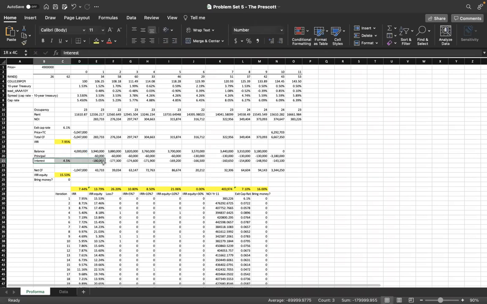So this row tells you the interest payment. Your total payment to the bank would be the summation of these two, because each period you pay some portion of the principal and you pay some interest.